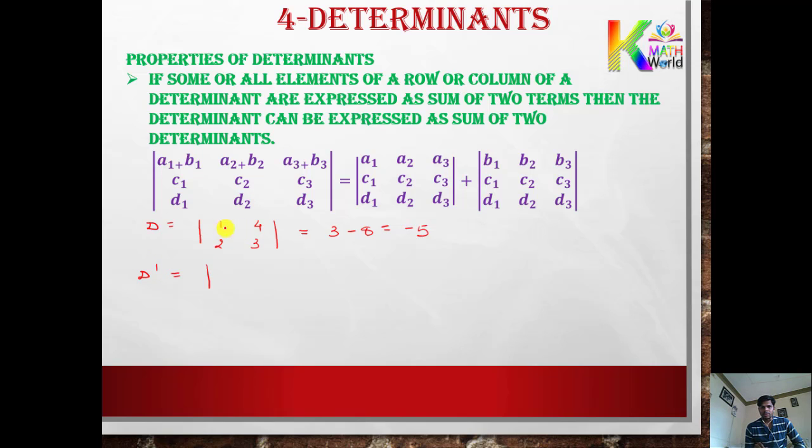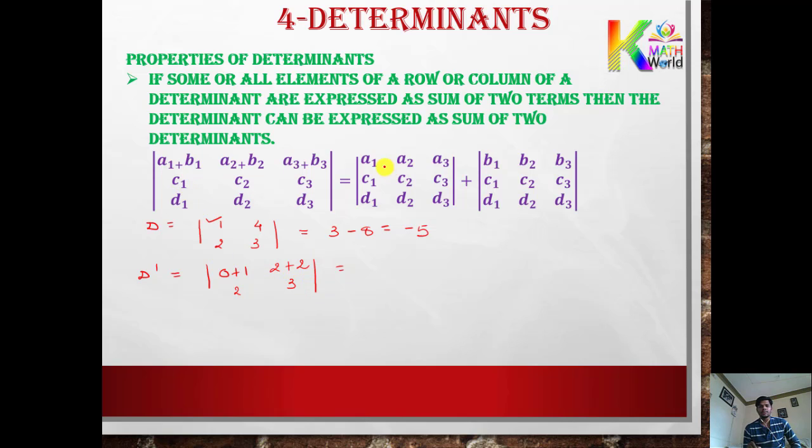With the help of this, suppose we express the first row as a sum of two terms. Suppose 1 is expressed as 0 plus 1, 4 is expressed as 2 plus 2, and the second row 2 3 remains as it is.